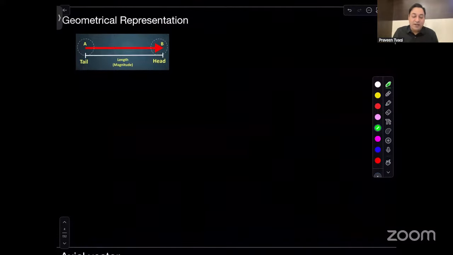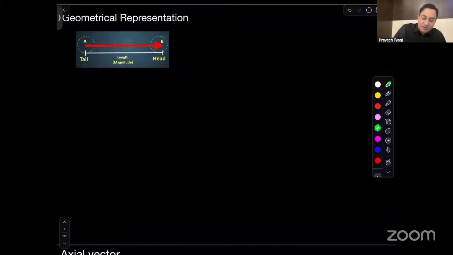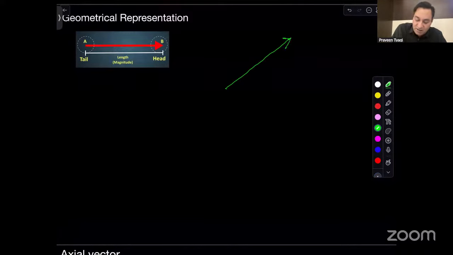The geometrical representation of a vector. Any vector, when we represent it geometrically, has this point called its tail and this point called its head.